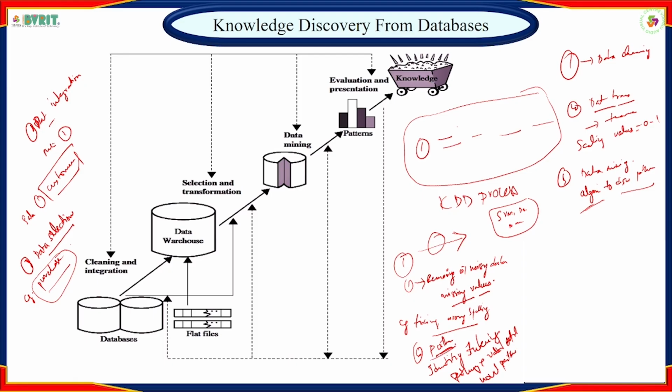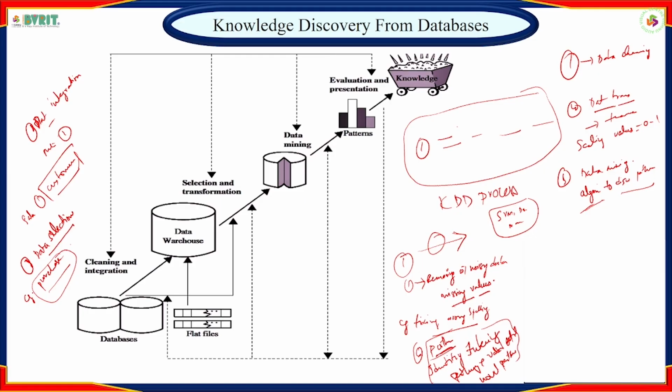In pattern evaluation, according to our interest, we identify the interesting patterns and the valid and useful novel patterns. According to our interest, we consider the data and do the pattern evaluation of the data.